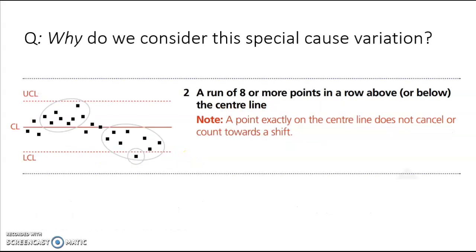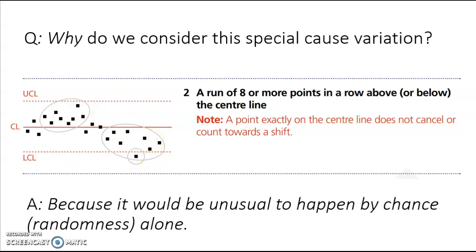Okay, what about another one? What about this second cause of special cause variation? This is where we have 8 in a row, either above or below the center line. Again, the reason why we call this special cause variation is that by randomness alone, that doesn't tend to happen.